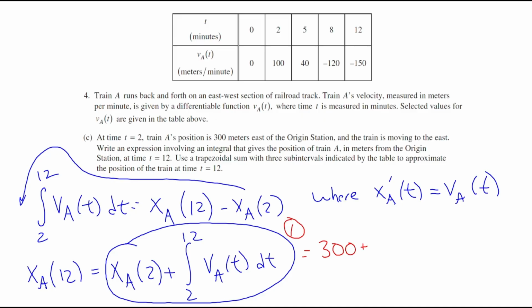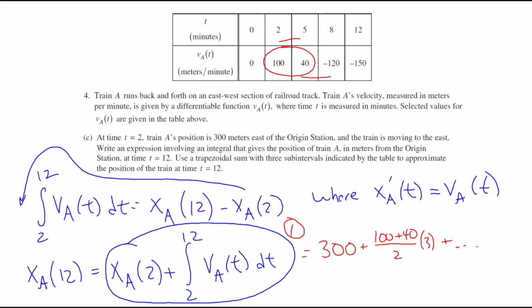Well, the trapezoidal sum is going to look like the average of the, we're going from 2 to 12, so don't do 0 to 2. The average of the 100 plus the 40, so that'll be 100 plus 40 over 2 times that distance from 2 to 5, which is 3. And we're going to completely run out of room here. Let's just put this on a new page.